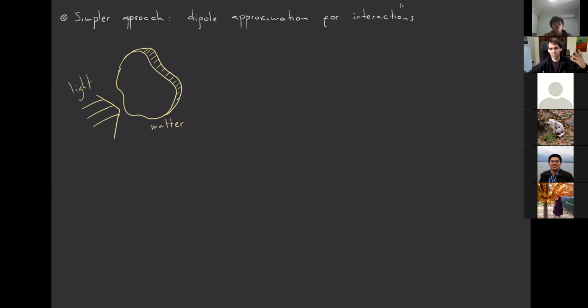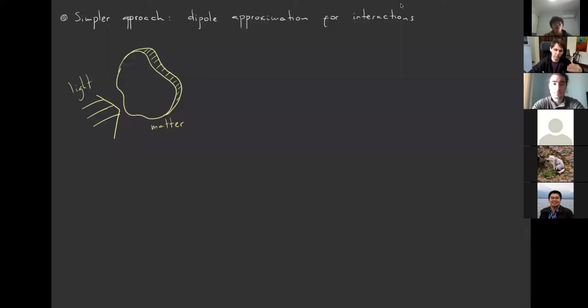So let's think about what happens at the lowest level of approximation. Just imagine first that the matter you are examining is just some neutral material, any type of material. Maybe it's one atom, maybe it's a collection of atoms, or any kind of solid state material.